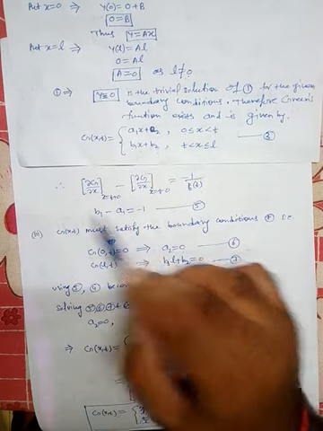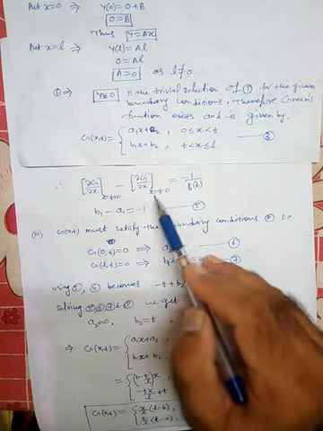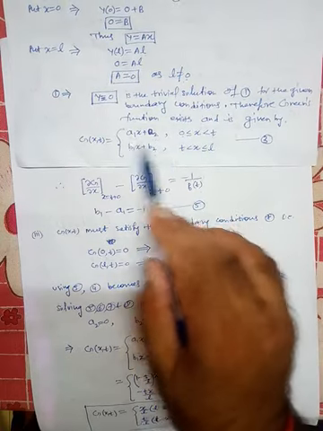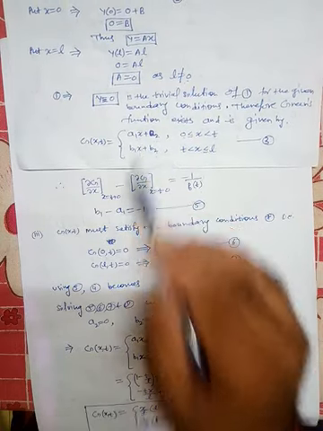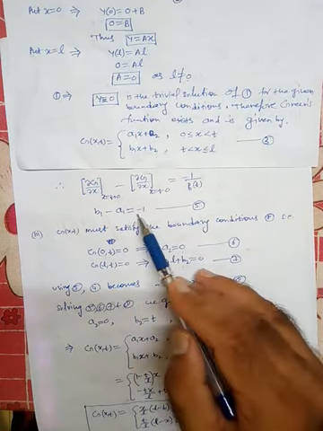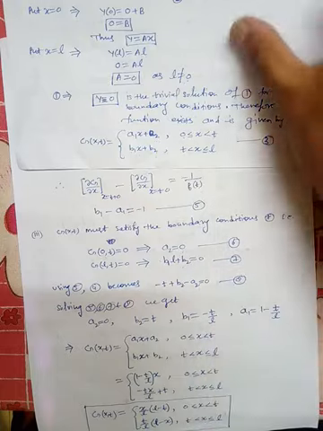From t minus 0, that means this branch, partially differentiate with respect to x, so we get a1. So b1 minus a1 is equal to minus 1. This is equation number 5.